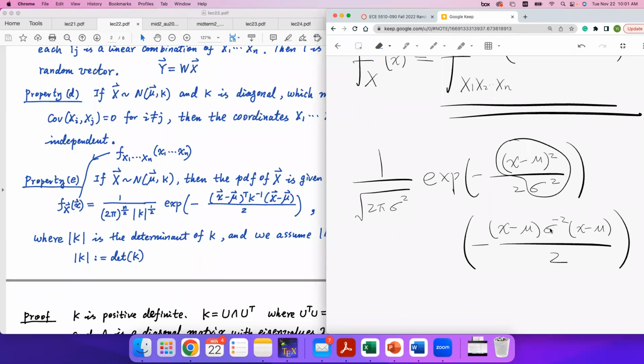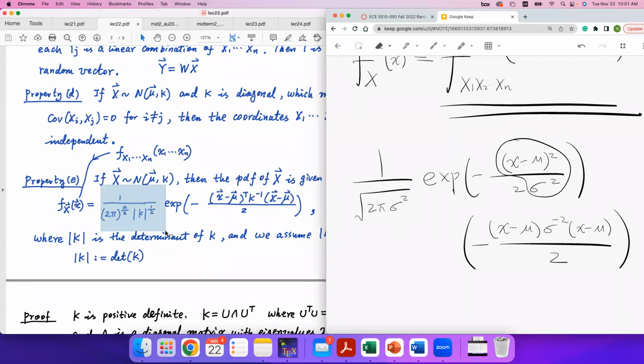So K inverse is sigma squared to the inverse. And we have (x minus mu) transpose times this inverse covariance matrix times (x minus mu) again. So this is a matrix-vector-matrix multiplication. It's a quadratic form.